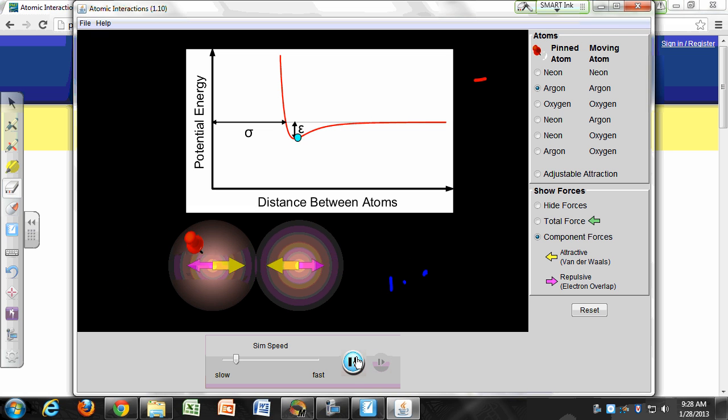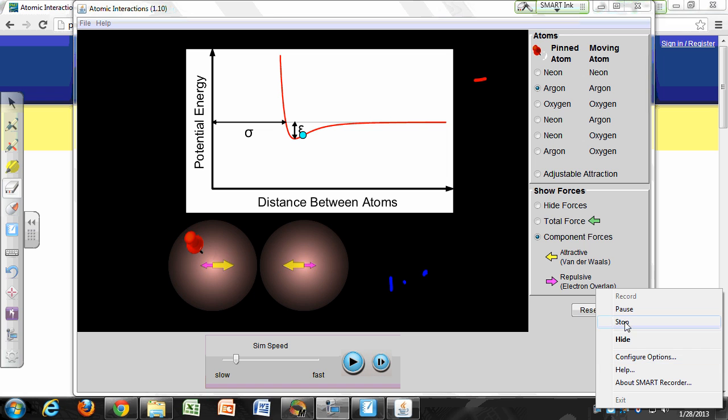Attractive forces and repulsive forces as the atoms approach and as they separate. Alright, so that's it for real gas.